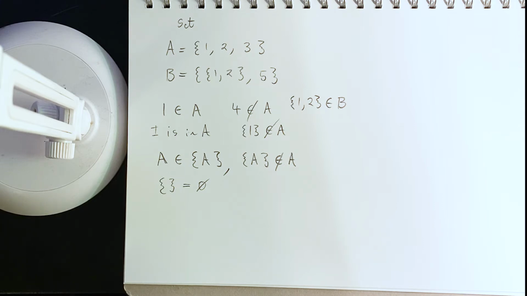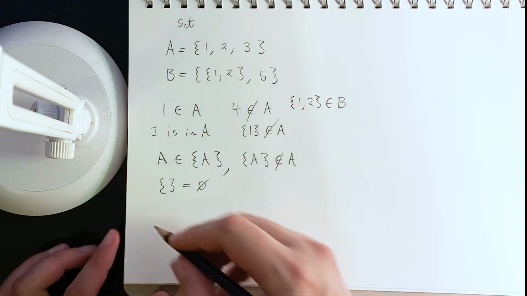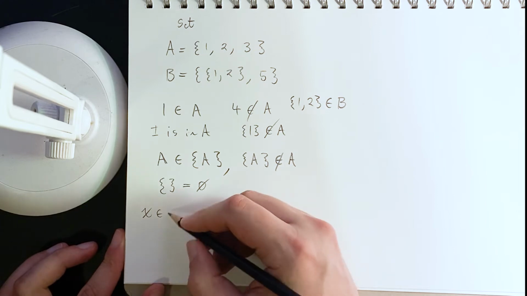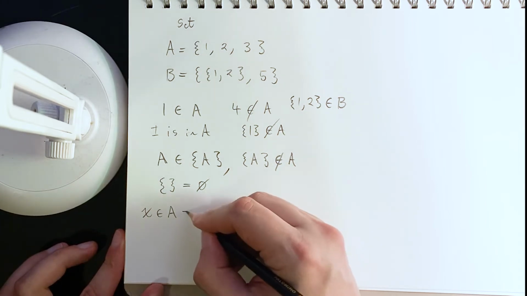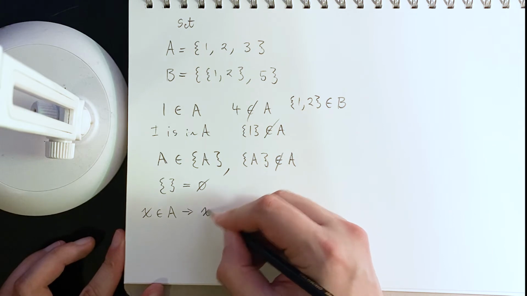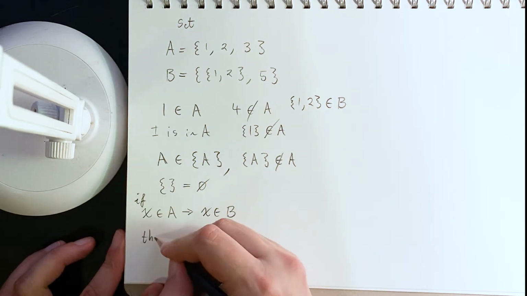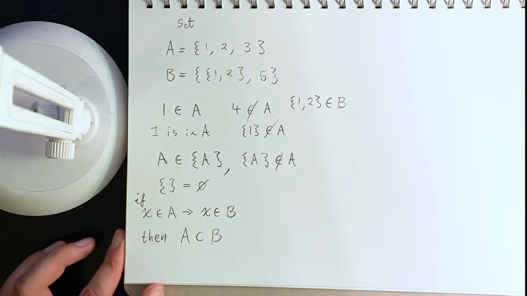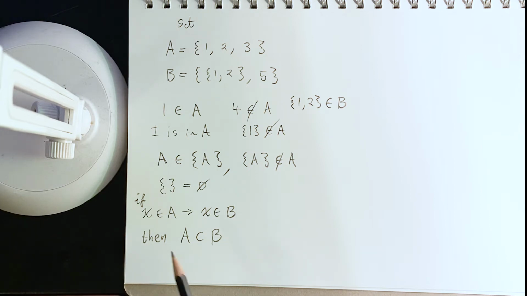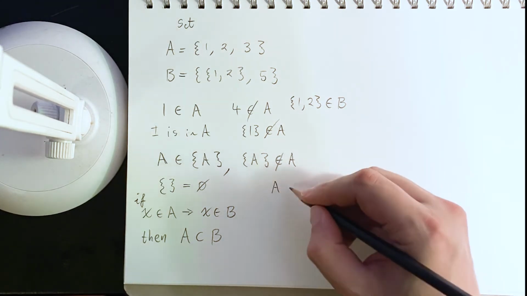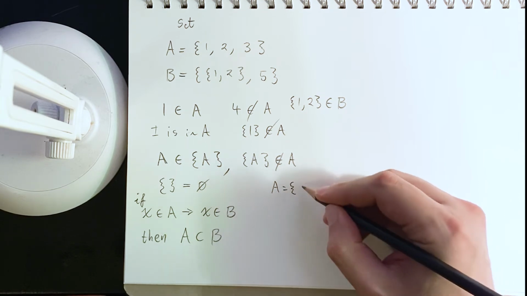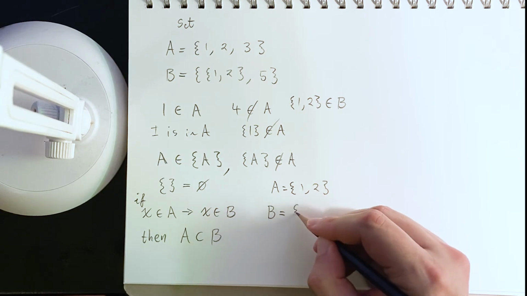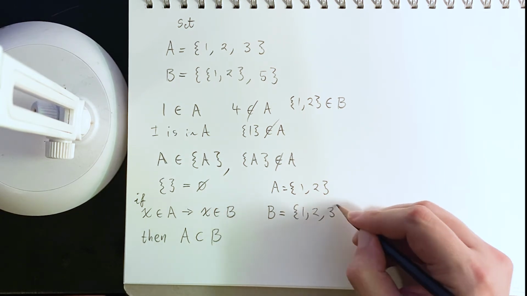Then we have the definition of a subset. So we say, if some element being in a set A guarantees that that element will be in a set B, then we say that A is a subset of B. The reverse need not be true. Okay, so if I have a really contrived example, A is 1, 2, and then my set B is 1, 2, 3.